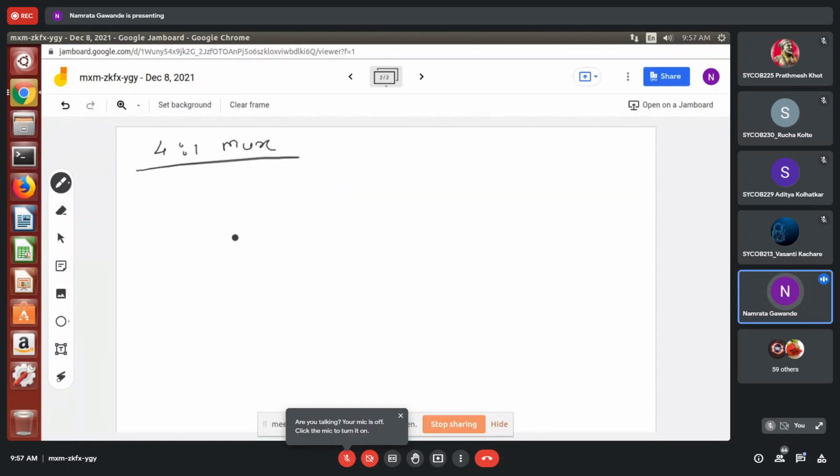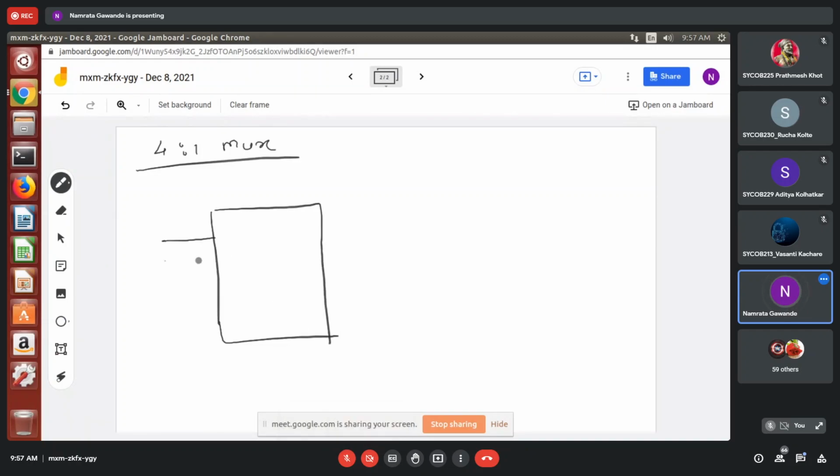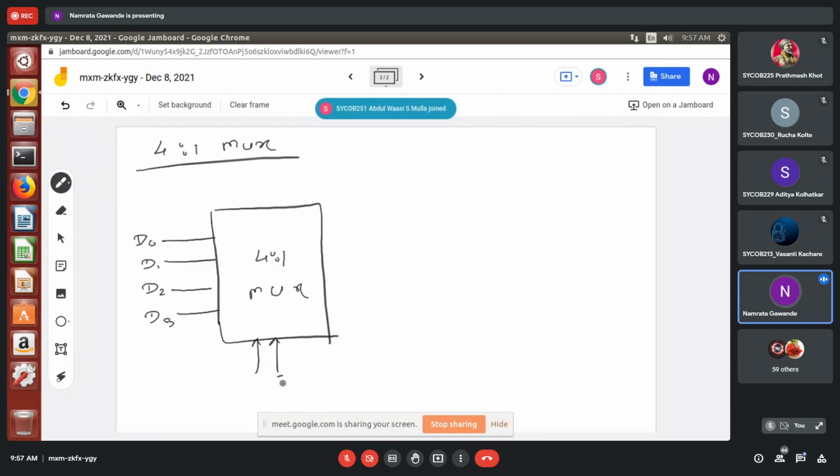So for this, in the block diagram, the four inputs will be D0, D1, D2 and D3, right? There are 2 select lines. Either you can give it here as S0 and S1, or this is the LSB, least significant bit, and this is the most significant bit. 4 inputs D0, D1, D2, D3.